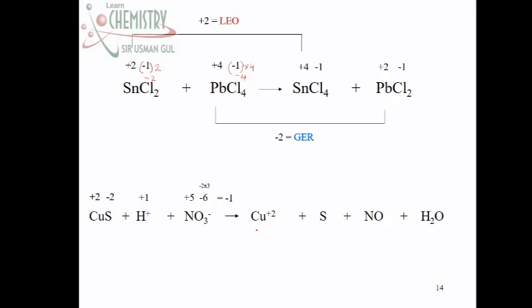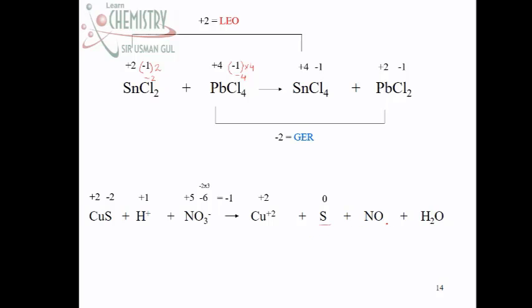On the product side, copper ion contains +2 oxidation state. Now focus on this sulfur. This is in a free state, which means it is not combined with other elements, it is in pure form, so it must have oxidation state of 0.